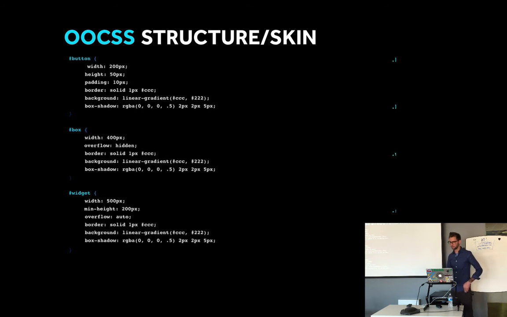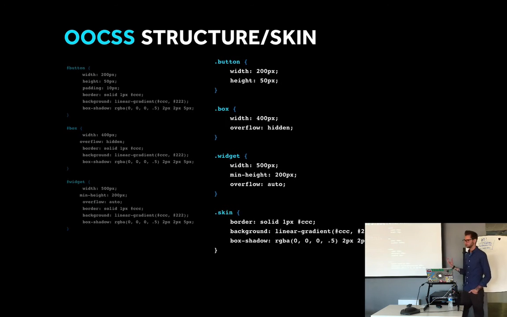So looking at this is aligning with that first principle, the structure and the skin, where you could reduce this and create a class. This isn't really the best example, but it's just to illustrate this first principle. We have button, it has this width, the height, this box, and now those properties have been dissected out, and we put skin into its own style.